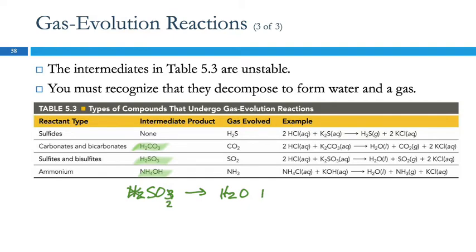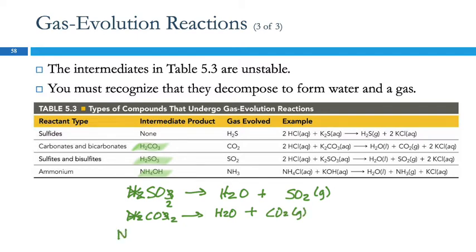What do I have left? I have SO2. That's the gas. That works with the carbonic acid also. It makes water, and take away two hydrogens, take away one oxygen, there's the CO2, that's the gas.